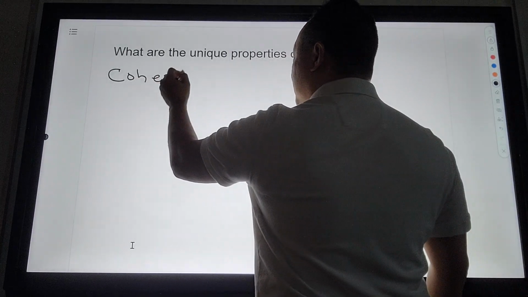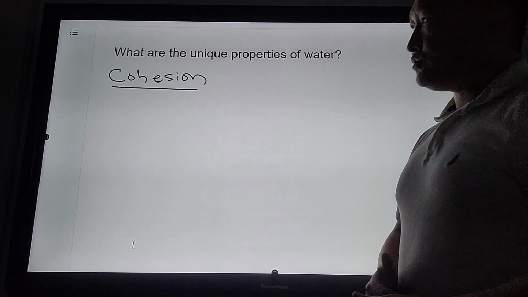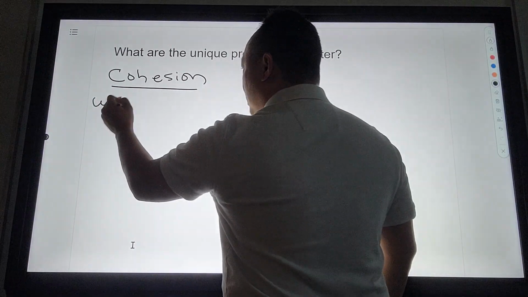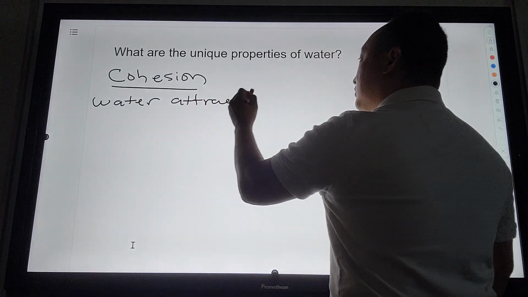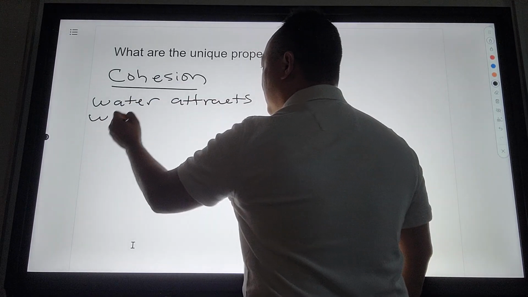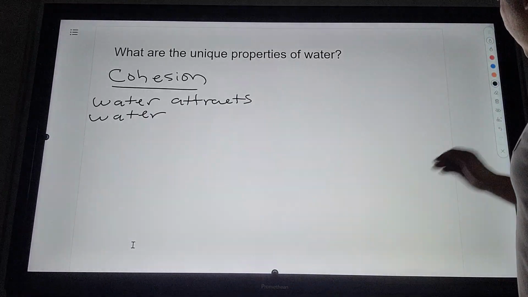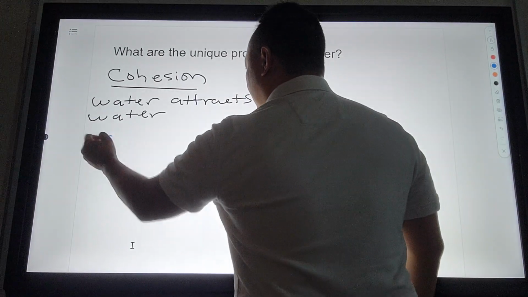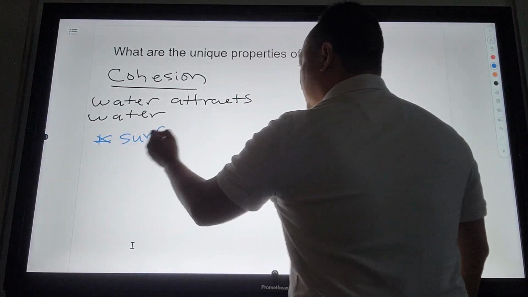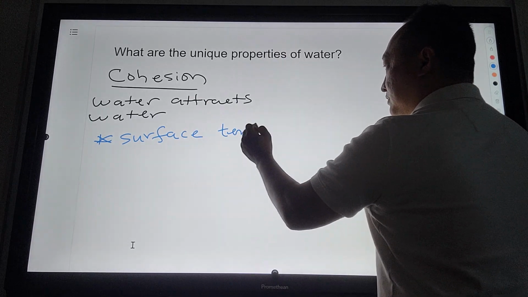is cohesion. Cohesion is when water molecules are attracted to other water molecules. Water attracts water. And there's a couple examples you should be familiar with that are common. And one is that cohesion leads to surface tension.